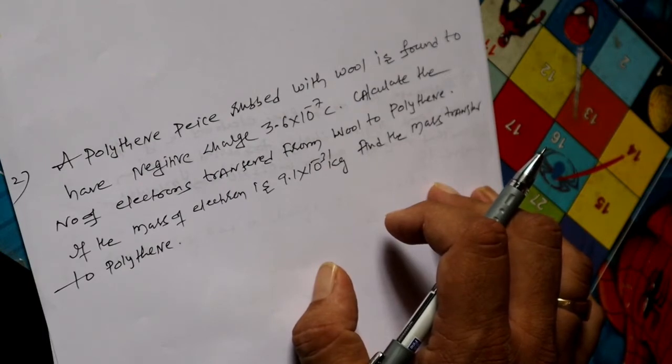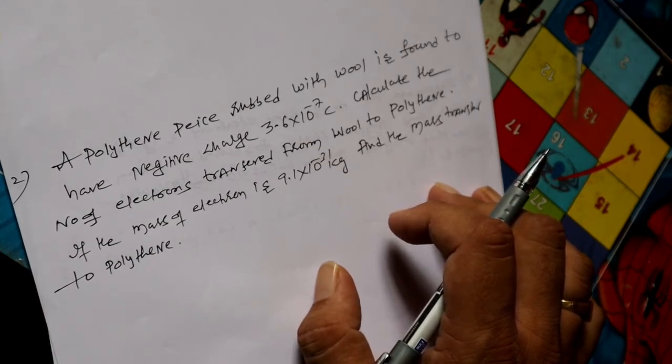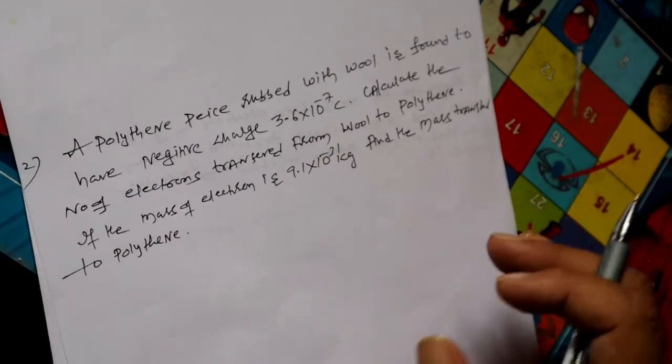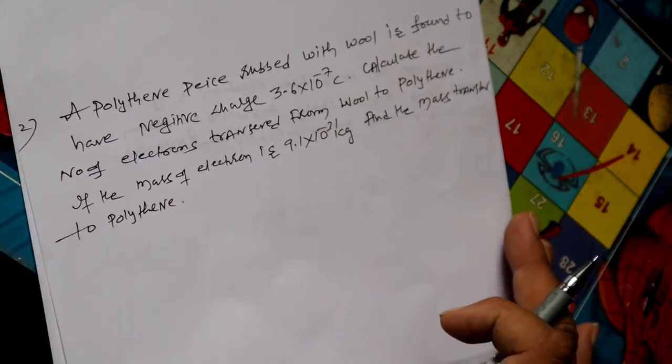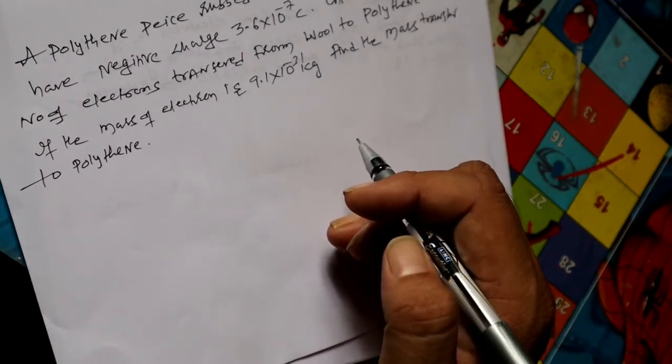Calculate the number of electrons transferred from wool to polythene. Since polythene has a negative charge, there is a transfer of electrons from wool to polythene. And also there is a transfer of mass.